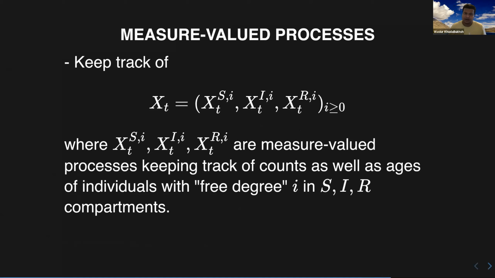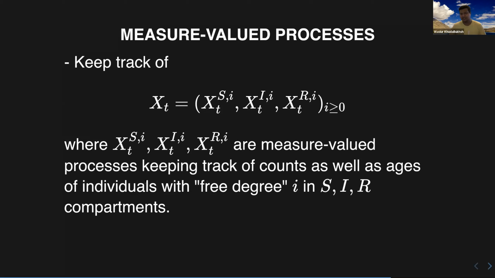So what do we keep track of? We actually have an elaborate system. We do a lot of bookkeeping in the sense that we keep track of individuals with different half edge free degree. Free degree is the number of half edges that haven't been matched yet. We keep track of individuals in different compartments with different statuses, susceptible, infected, or recovered, and with different free degrees, as well as their ages.